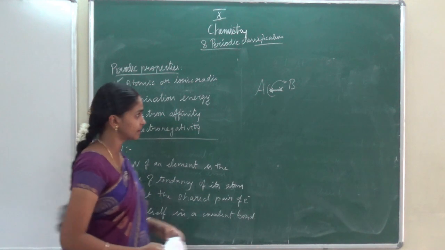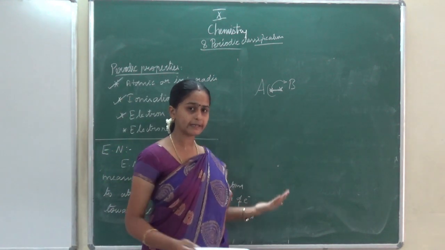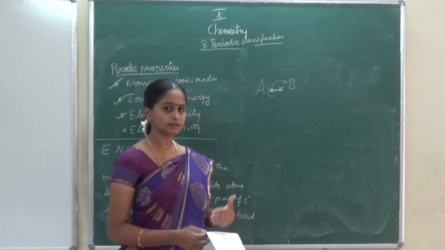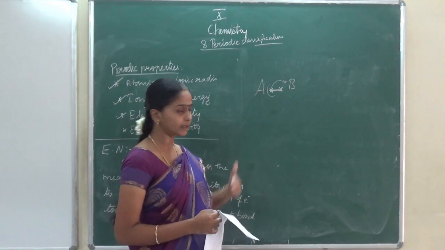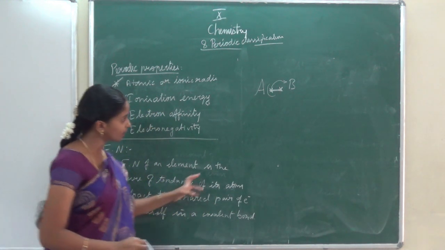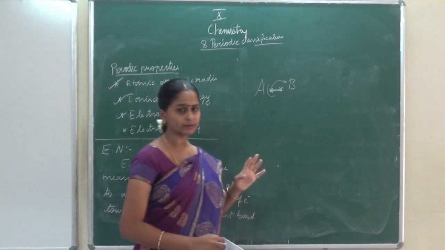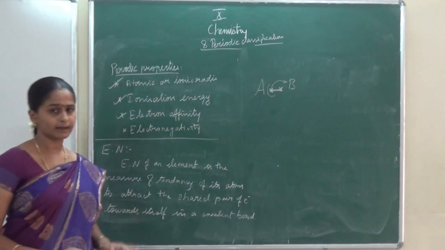Both are sharing one electron; equal sharing of electrons is called a covalent bond. So in the covalent bond, one atom wants to attract the shared pair of electrons towards itself. This property is called electronegativity.